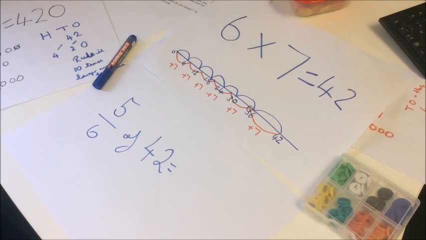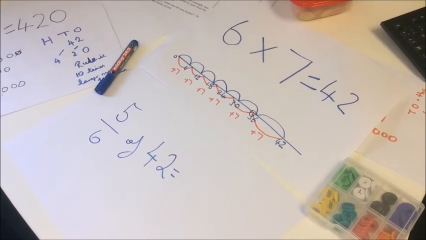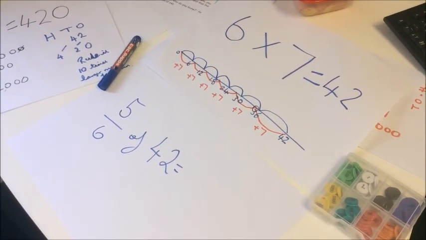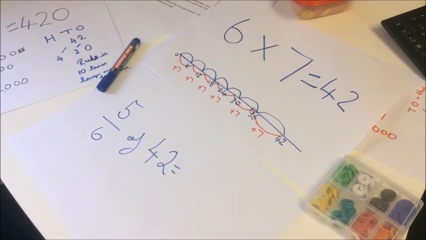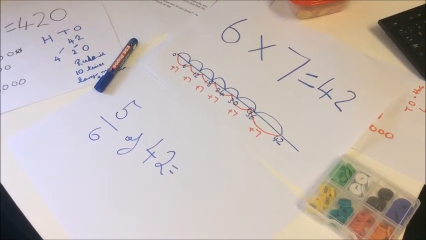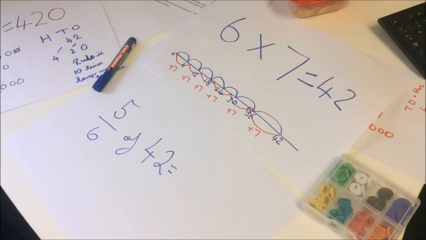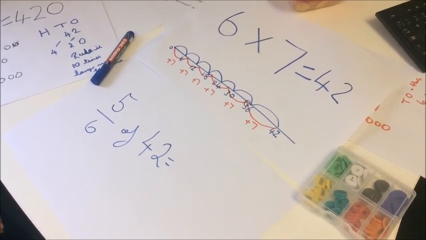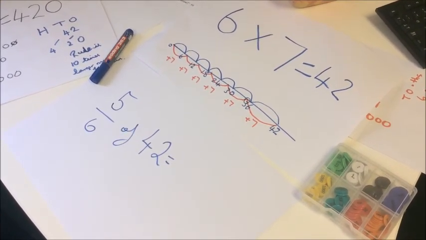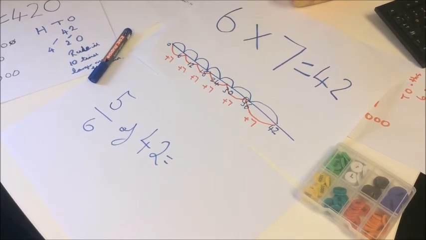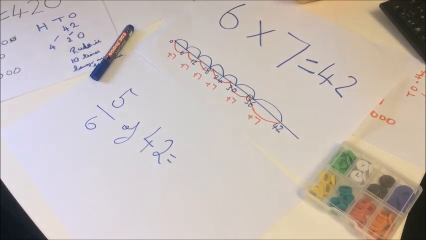Good. So you've actually said 1/6 is 7. 2 sevens would be 14. 3 sevens are 21. 4 sevens are 28. 5 sevens are 35.